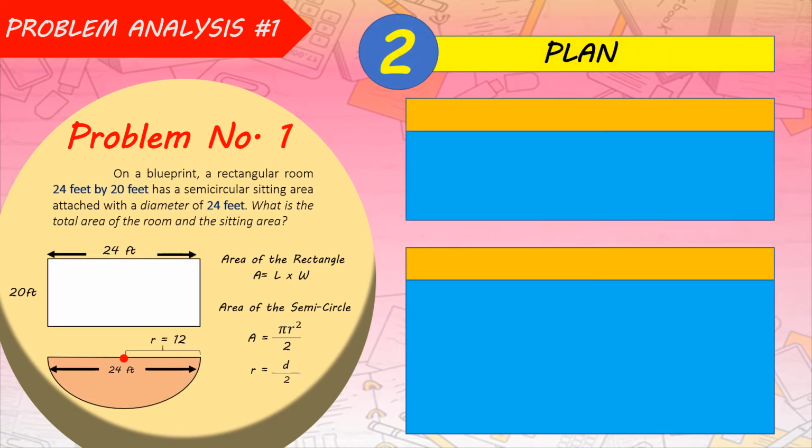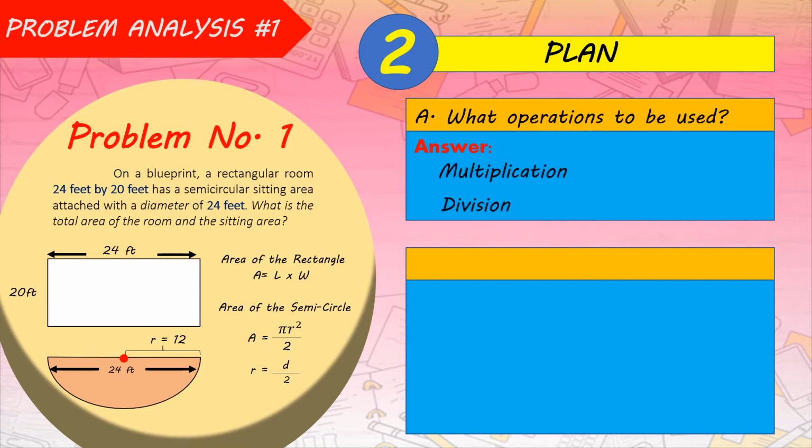The second process is to plan. So what operations are we going to use? Correct. We're going to use multiplication, division, and addition. So what will be the number sentence? You're right.